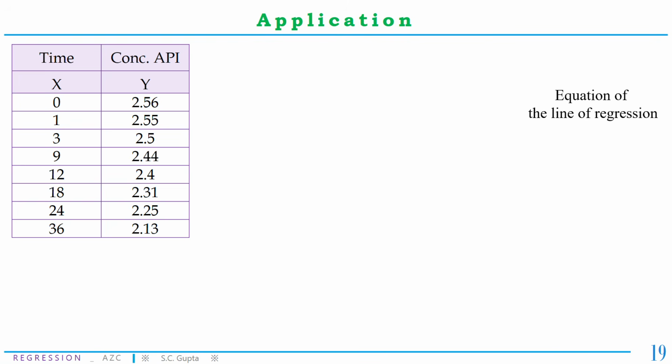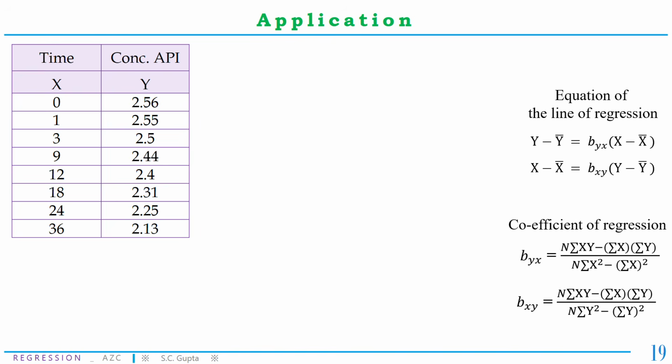First one is to find the equation of the two lines of regression, that is, line of regression of y on x and line of regression of x on y. For the equation of line of regression, we also need to calculate coefficient of regression bxy and byx.